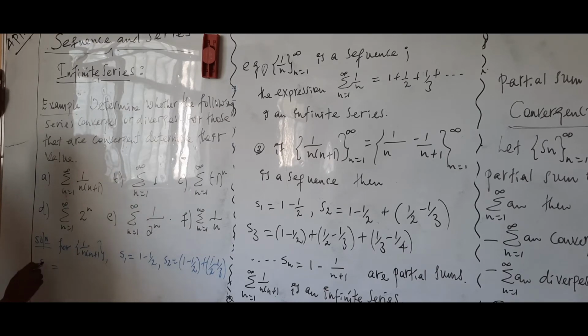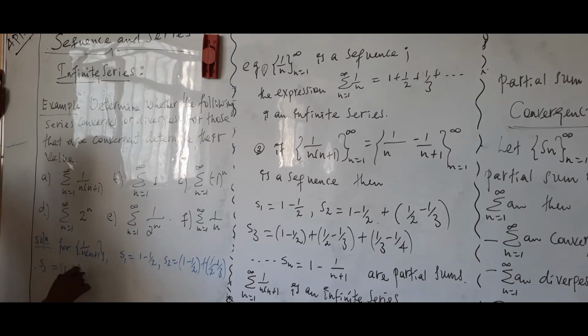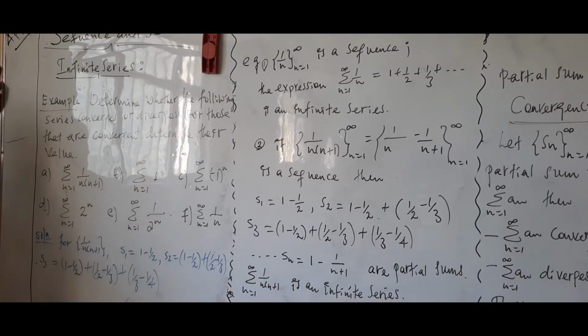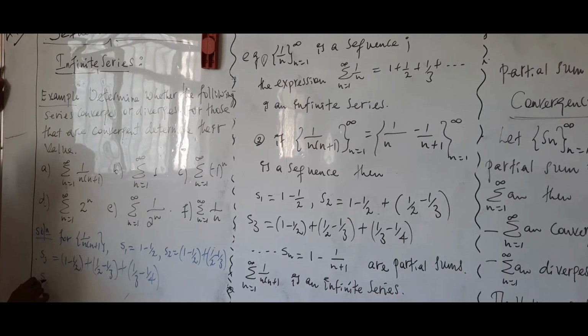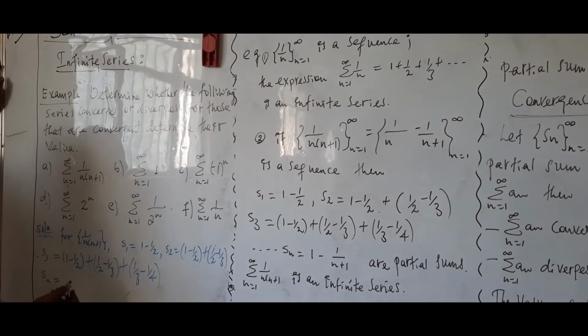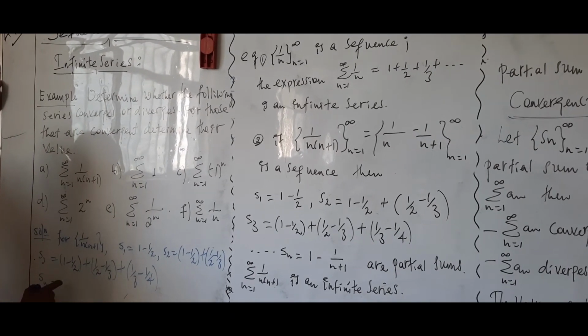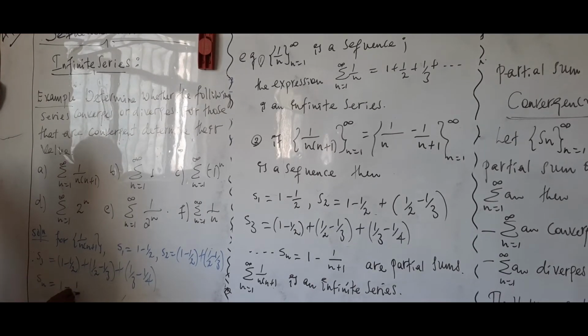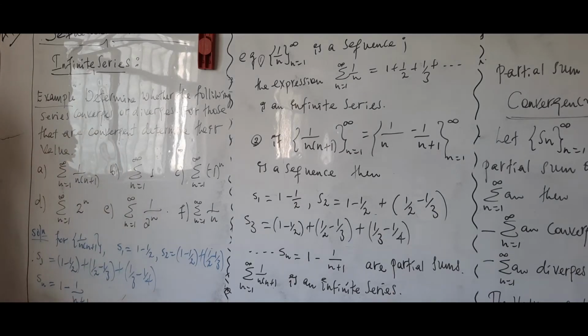S3 is equal to 1 minus 1 over 2 plus 1 over 2 minus 1 over 3 plus 1 over 3 minus 1 over 4. So, as it can be observed, for all n, Sn is equal to 1 minus 1 over n plus 1.